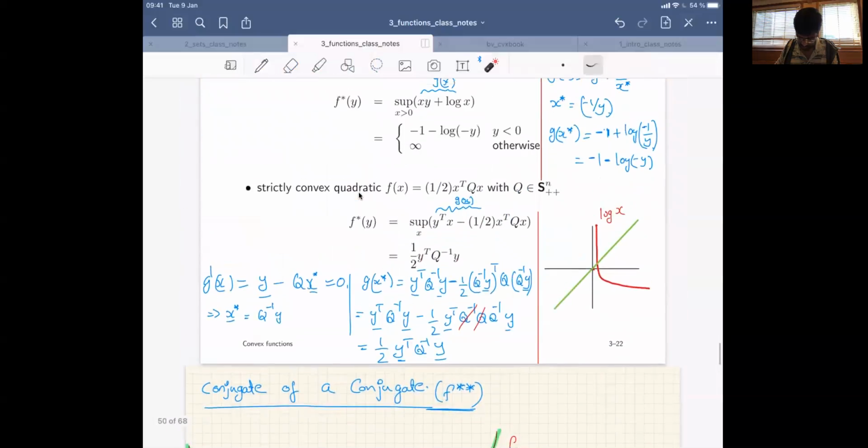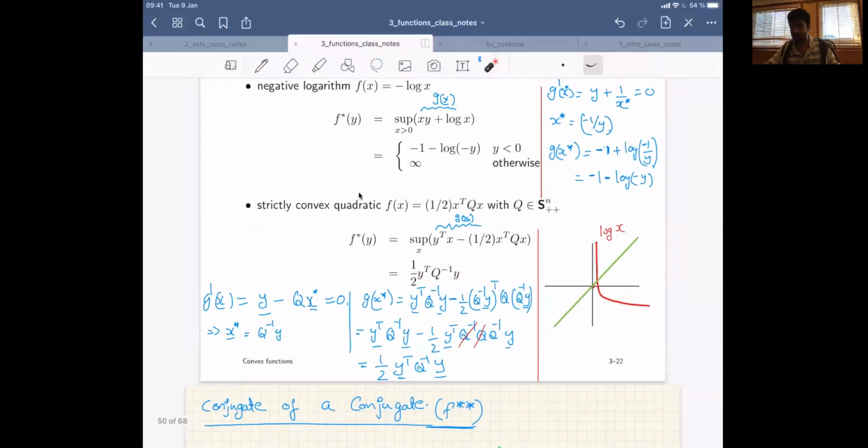Now, another question is, usually when we take a complex number and define a conjugate, what will be the conjugate of a conjugate? For example, 1 plus 2i. The conjugate will be 1 minus 2i.